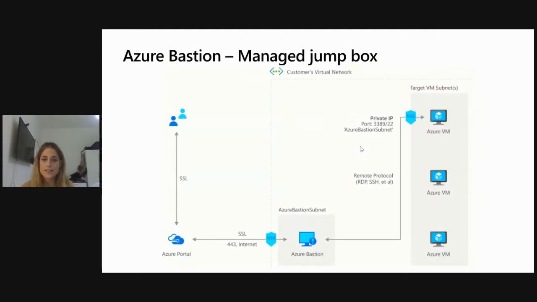Instead of having to configure a subnet, put a machine there, pay for it 24/7, and also protect it, update it, and patch it, you can deploy an Azure Bastion instance. You do have to configure a subnet beforehand, and it needs to be named with this convention: AzureBastionSubnet, with the capital characters. Believe me, I've tried this.